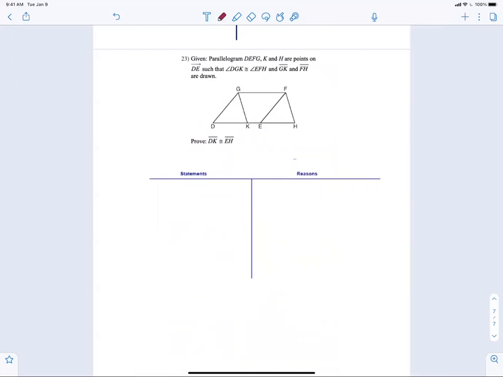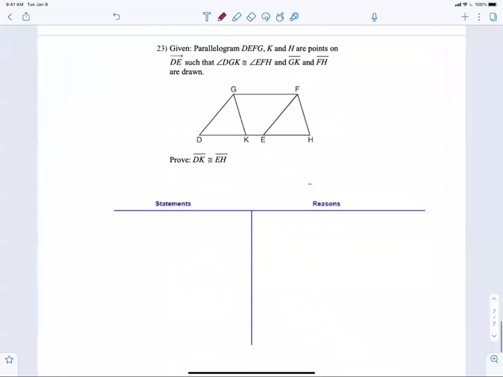So I have parallelogram DEFG, and K and H are points on D such that we want to prove that DK is congruent to EH.